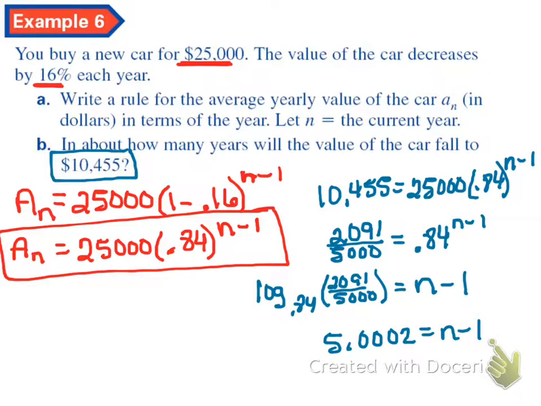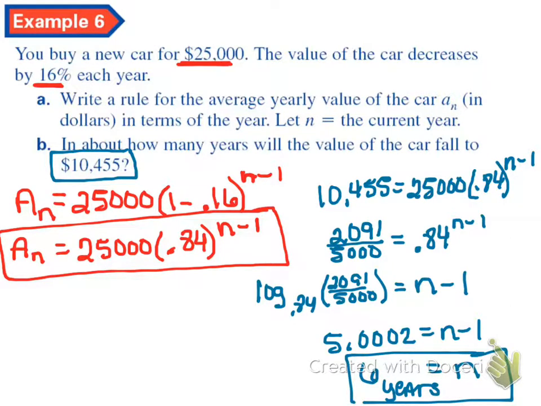So it's safe to say that that would be a 5. You have a minus 1, so you want to get rid of that. You add 1. So it would be approximately 6 years when the value of the car would drop to $10,455.